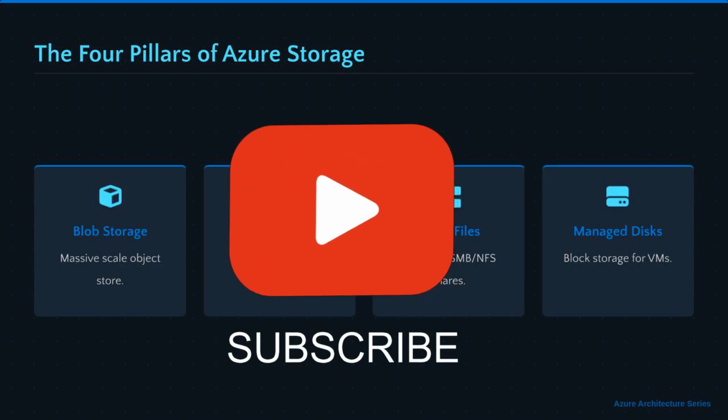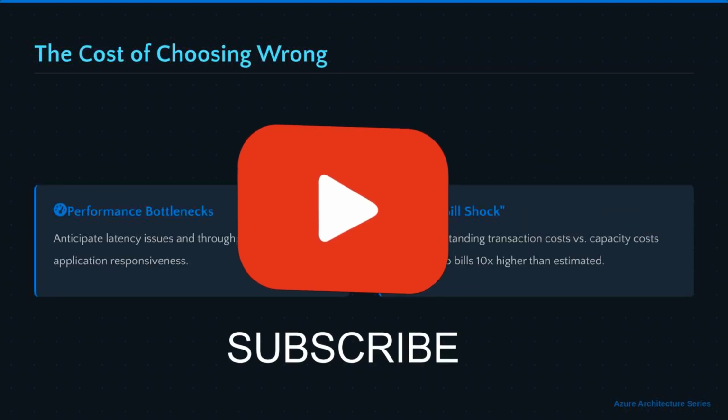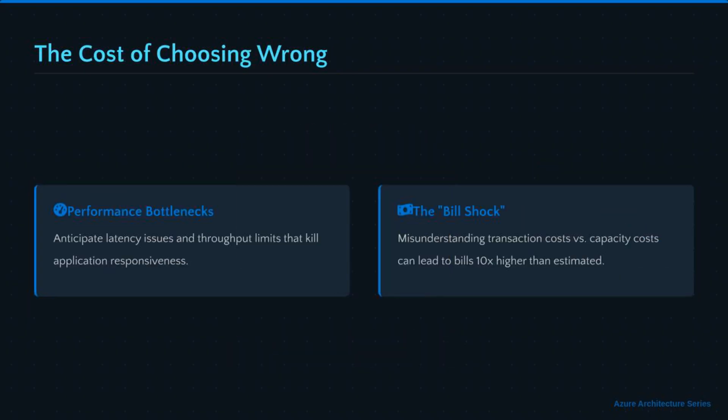When we talk about blob, we are actually talking about three distinct types of blobs. Understanding the difference is critical for your application logic because you cannot simply convert one to the other on the fly. First, you have block blobs. This is what 90% of you will use. These are optimized for streaming and storing cloud objects like documents, videos, pictures, backups, and logs.